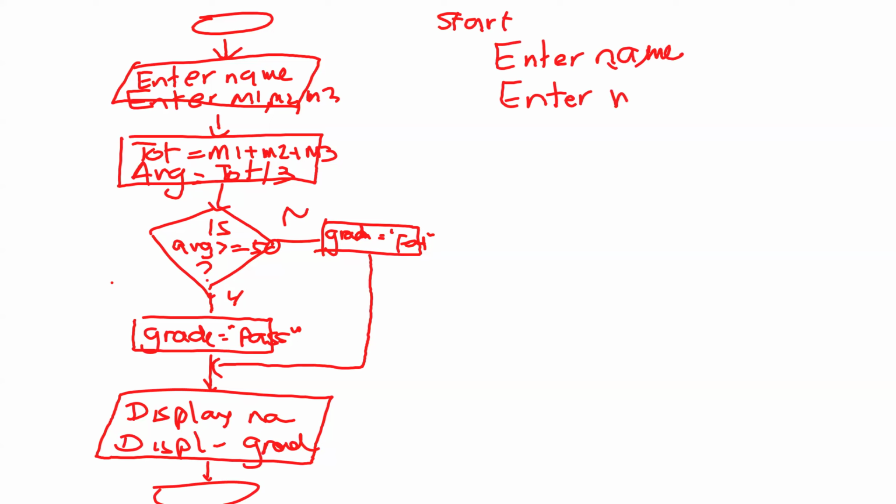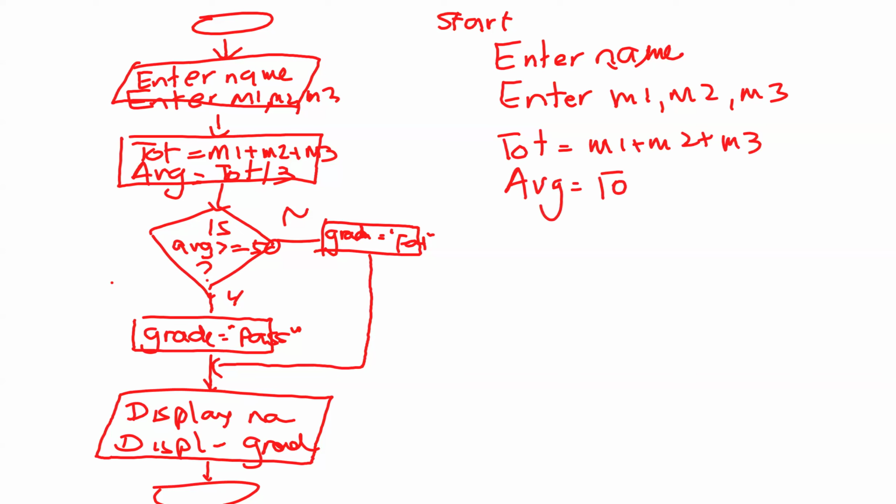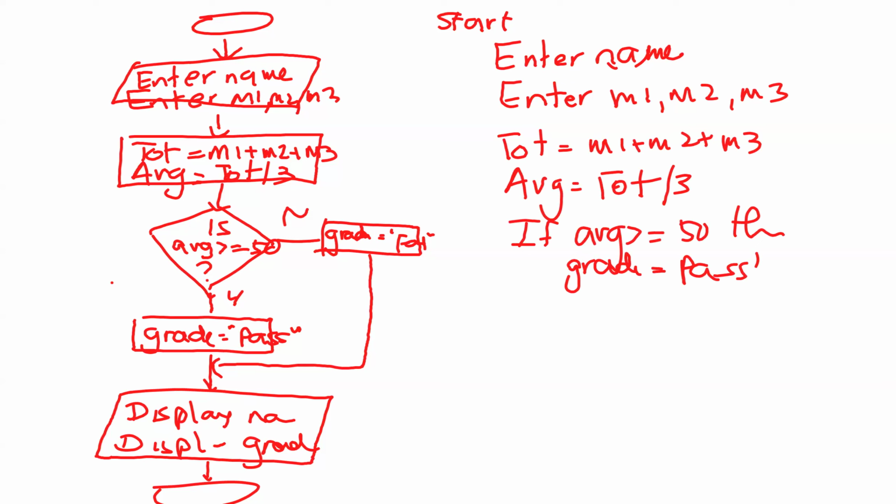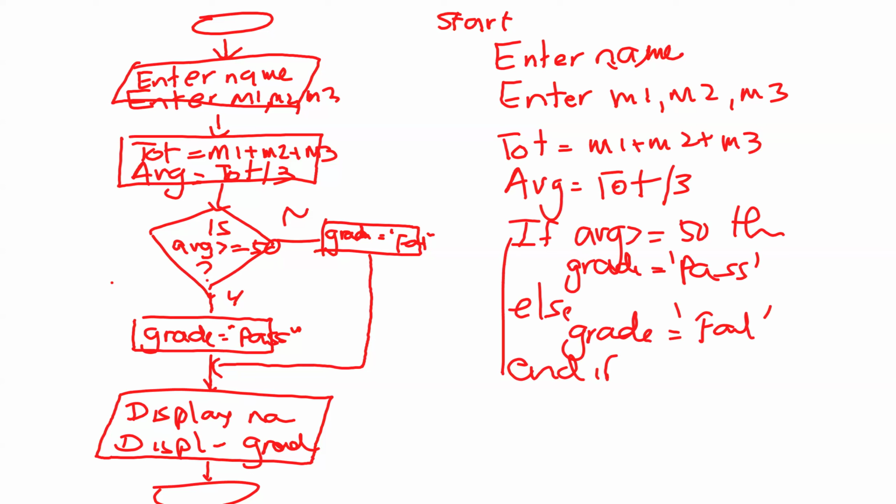No, don't do that. Enter M1, M2, M3. Total equal M1 plus M2 plus M3. Average equals total divided by 3. If average greater than or equal 50, then grade equal pass, else grade equal fail, then end if. Okay, your selection part is over.